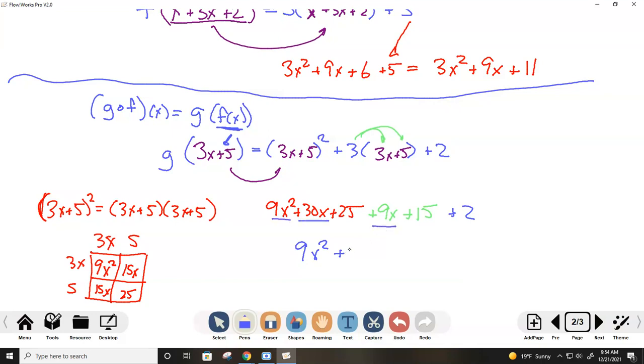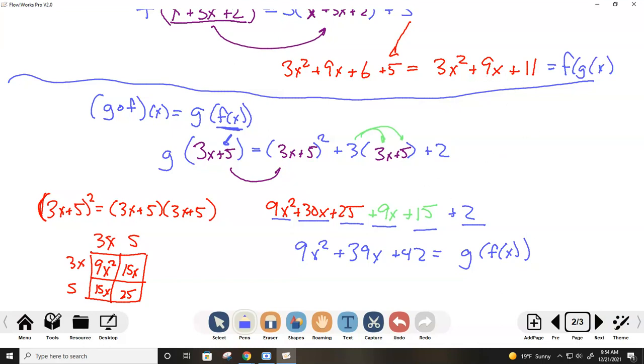I got 30 plus 9, so 39x. 25 plus 15 is 40 plus 2 is 42. And this would be g of f of x, as opposed to up here where we had f of g of x was 3x squared plus 9x plus 11.